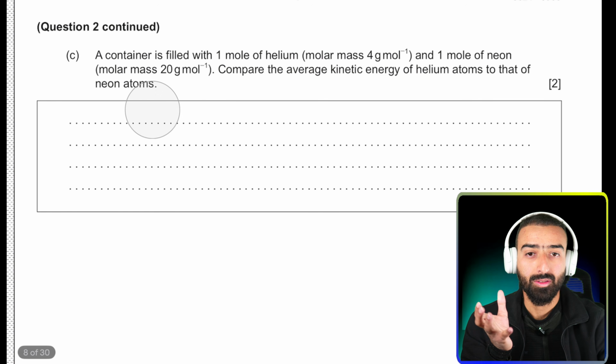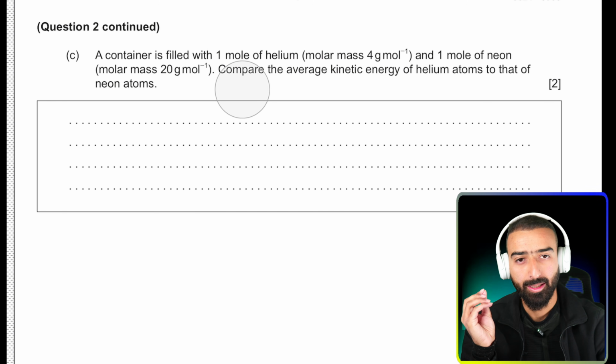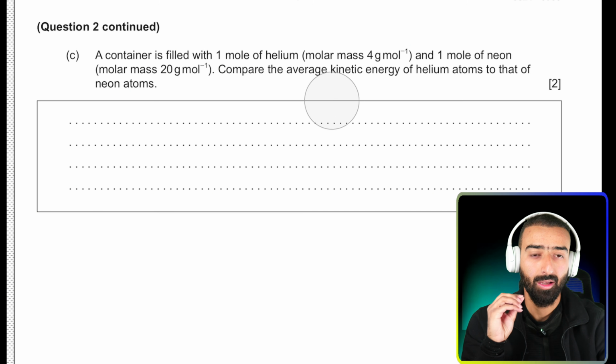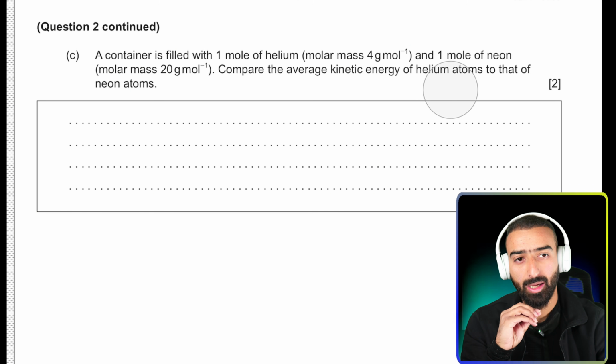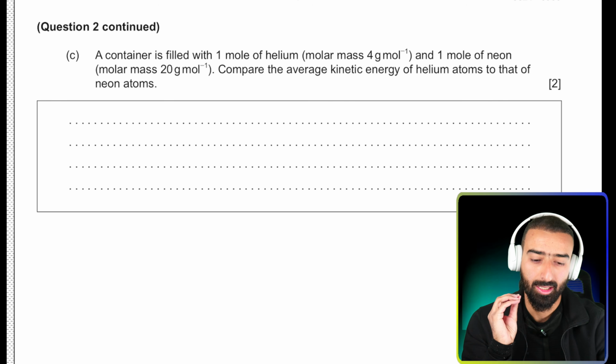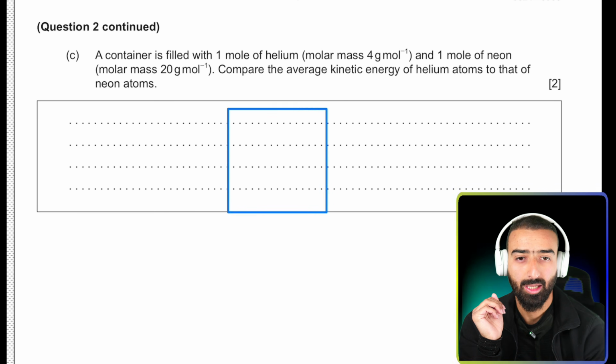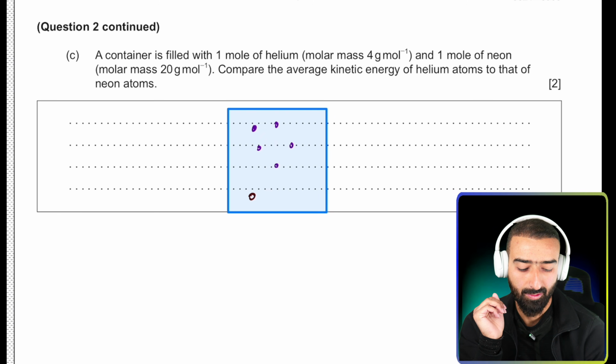A container is filled with 1 mole of helium and 1 mole of neon. Compare the average kinetic energy of helium atoms to that of neon atoms. So we have a container and it contains two types of gases. We have helium atoms and we have neon atoms.